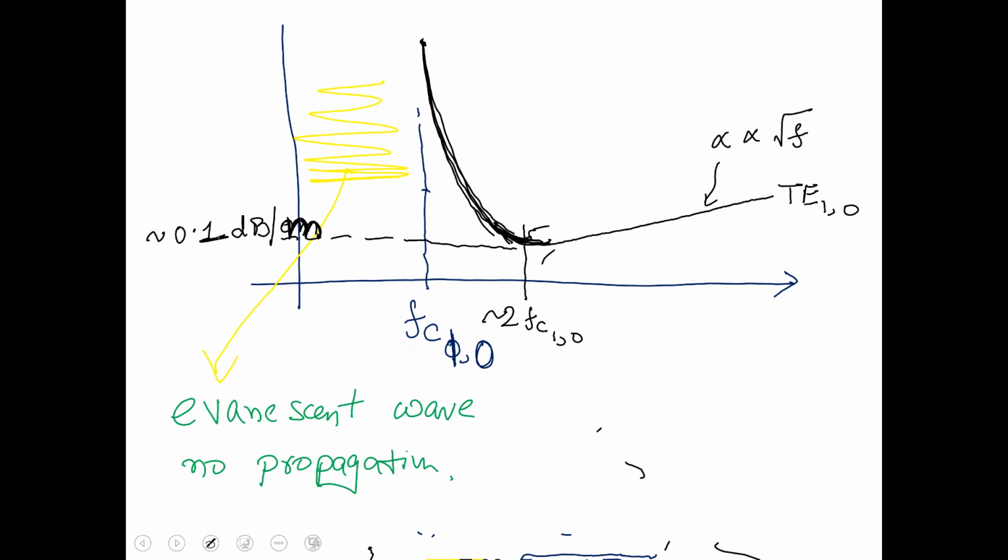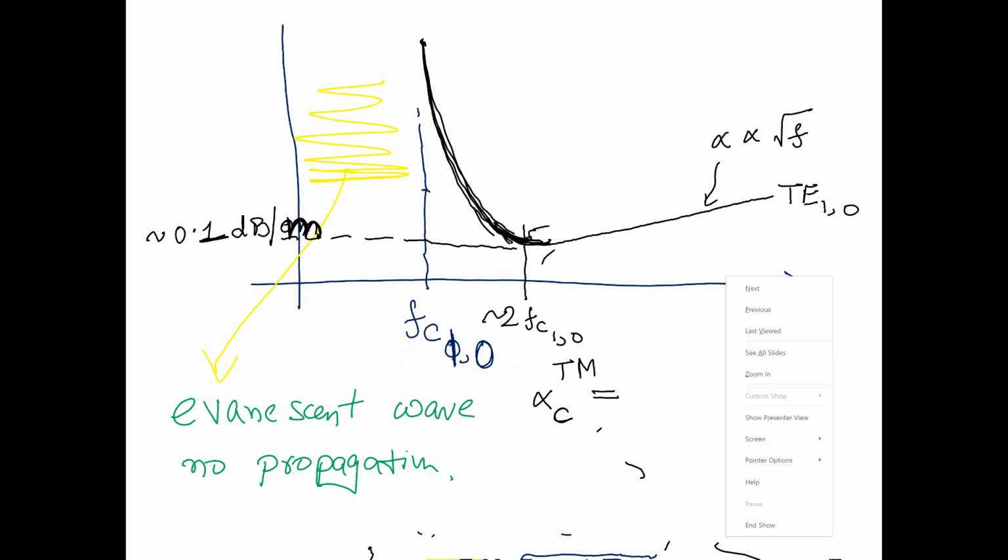Similarly, if we calculate the loss alpha C for TM, all you have to do is the same maths we did for TE, and I'll put this maths online for you to do at home.